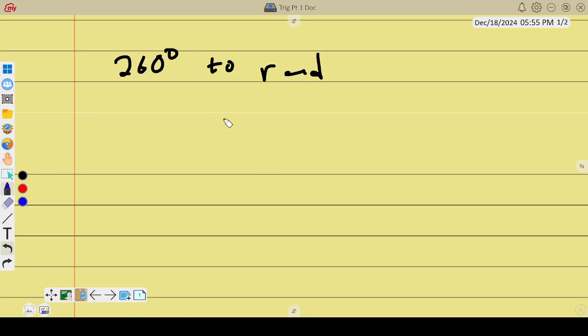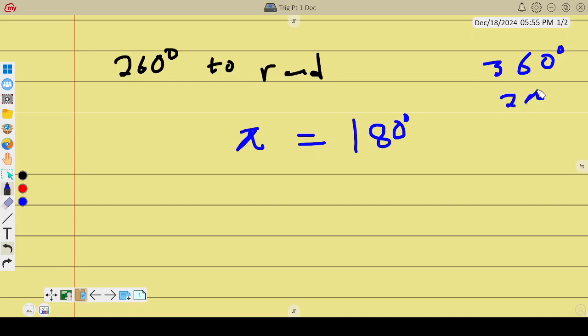You are going to remember that pi is equal to 180 degrees. And I was forgetting to mention it nicely: 360 degrees is equal to 2 pi rad. This is in radians now, where pi is involved.